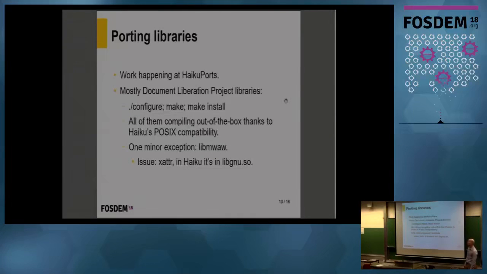This process was pretty easy because Haiku has POSIX compatibility, even though we don't claim that we are Unix. So it mostly compiles out of the box. One exception was libmwaw, and the issue was that expat, which it uses, is in another library in Haiku, so it just needed to be linked in, and then it built as well.